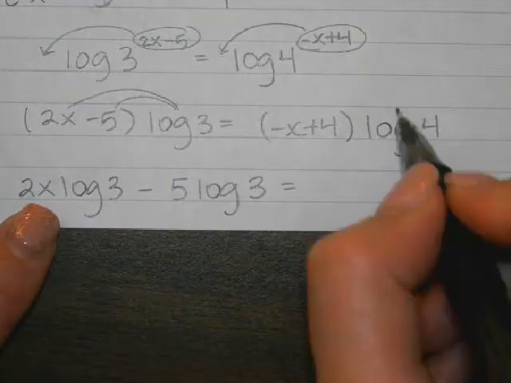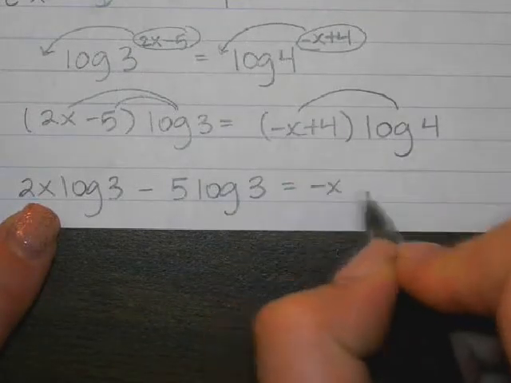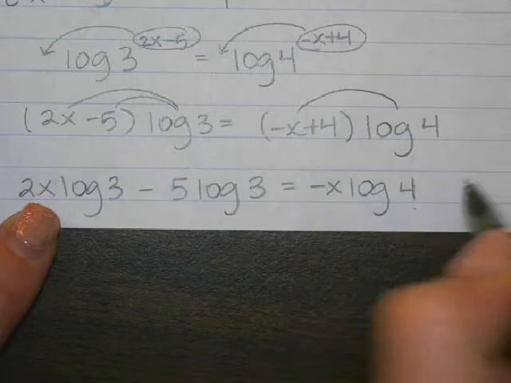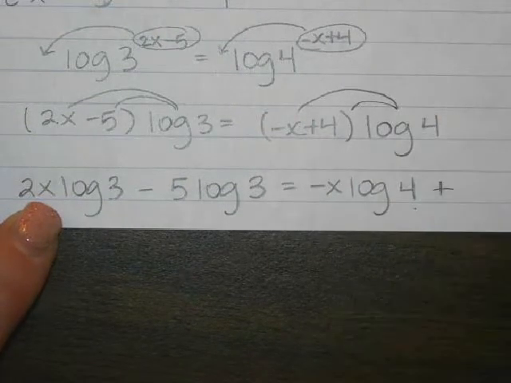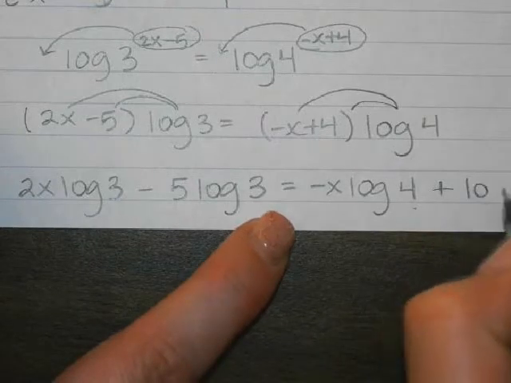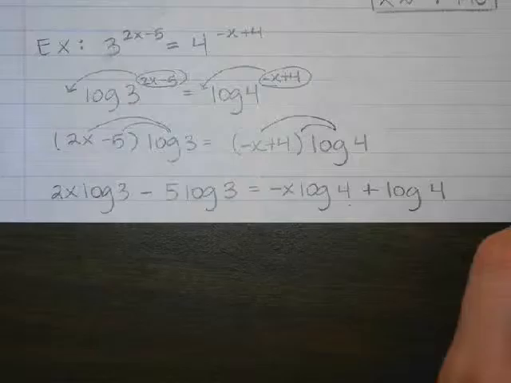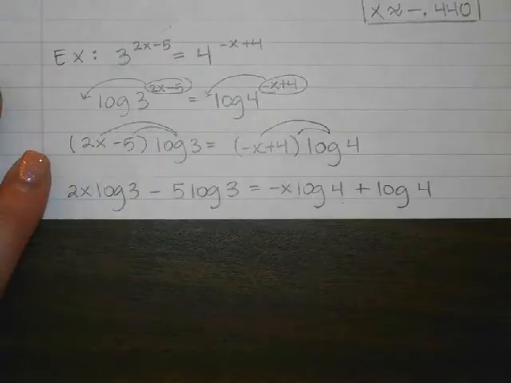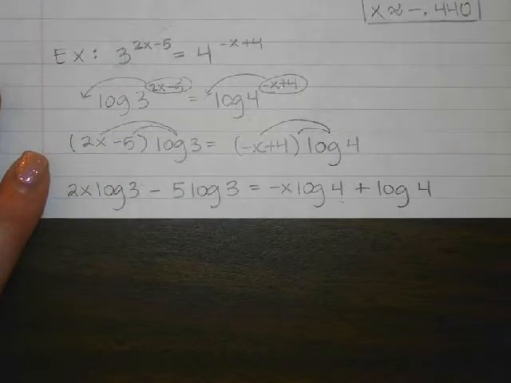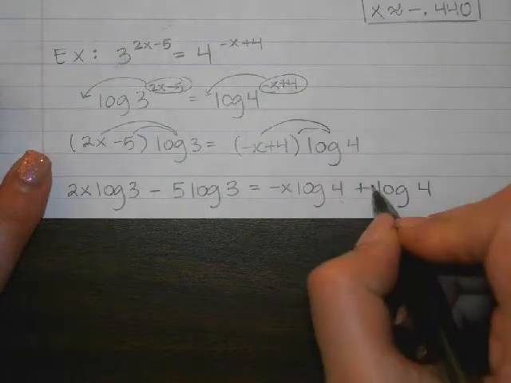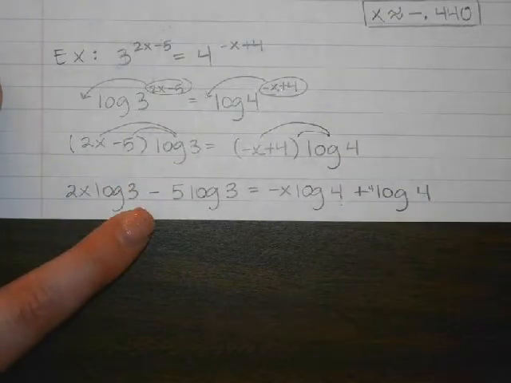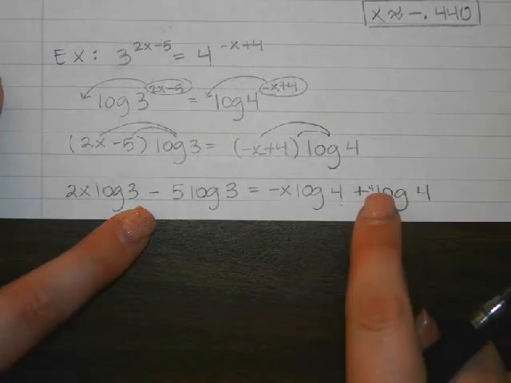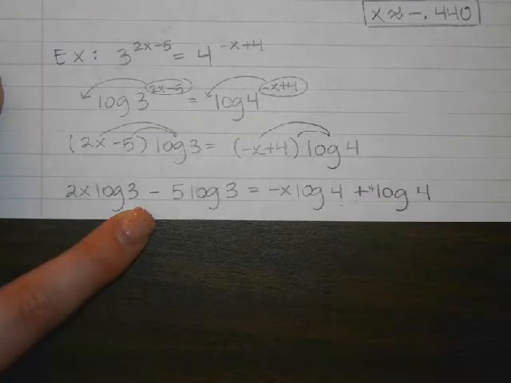And then I have negative x log 4 plus 4 log 4. There's a little 4 right there. Can you see it? I missed it.